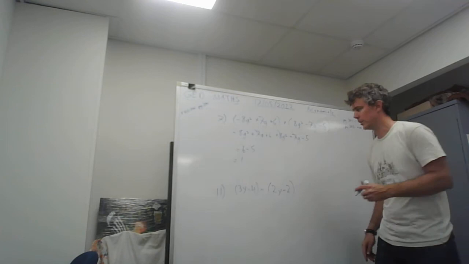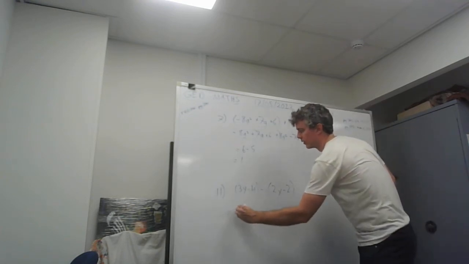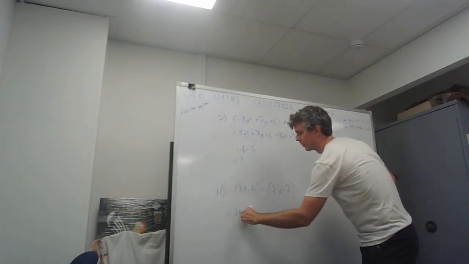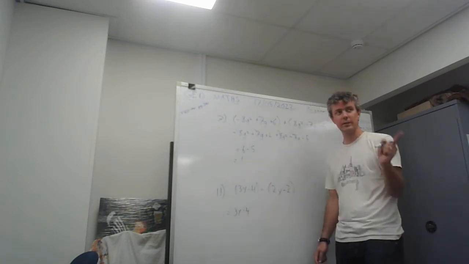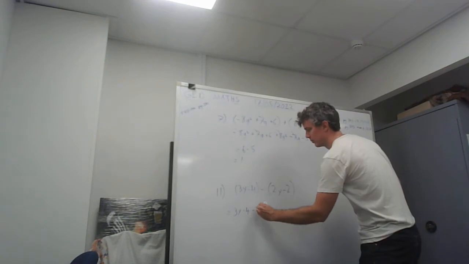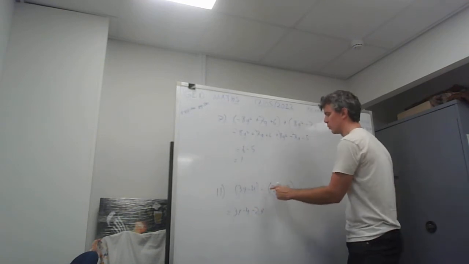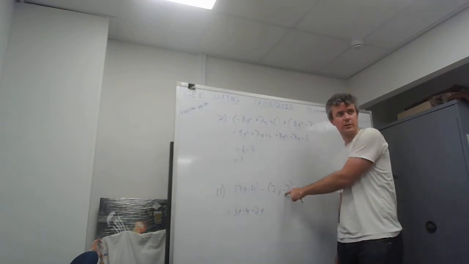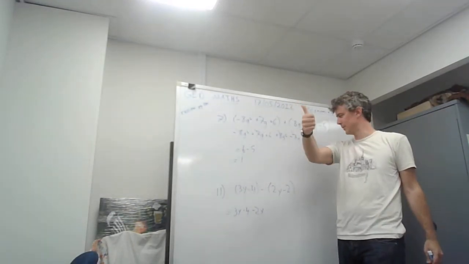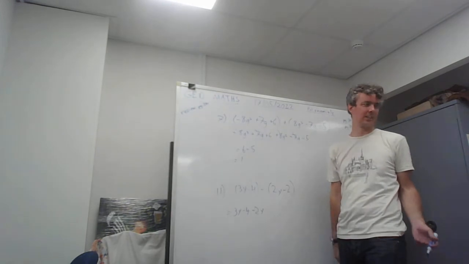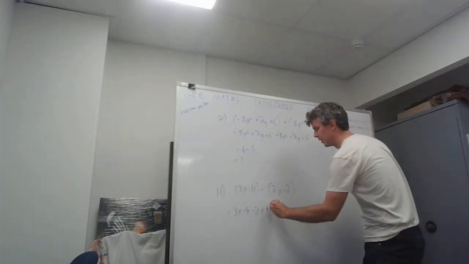So this equals 3y minus 4, now minus 1 times 2y is minus 2y, and minus 1 times minus 2 is plus 2. Remember, just flipping: minus negative becomes plus.